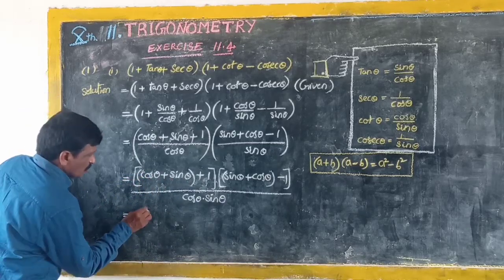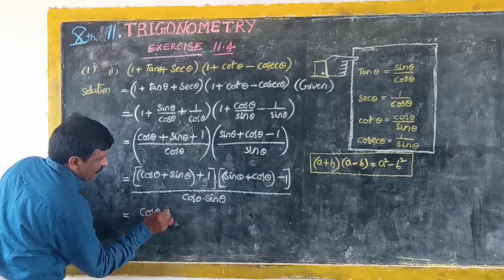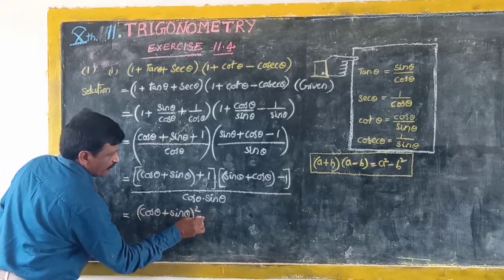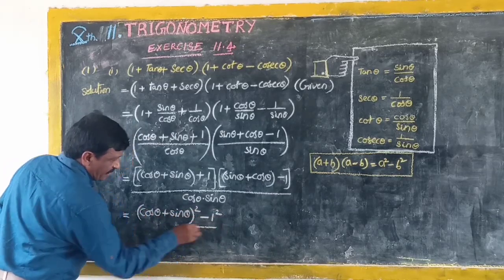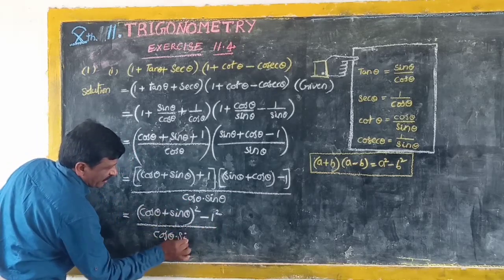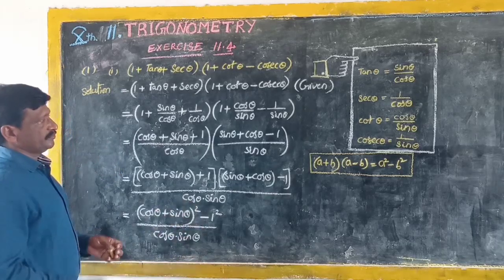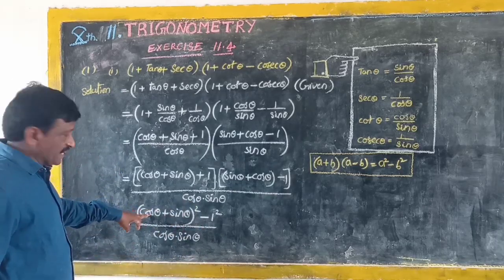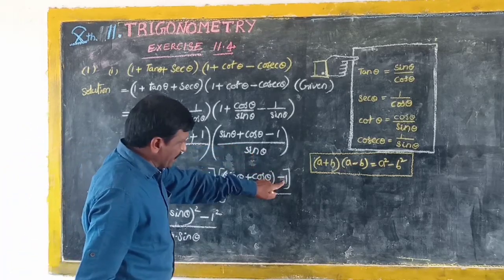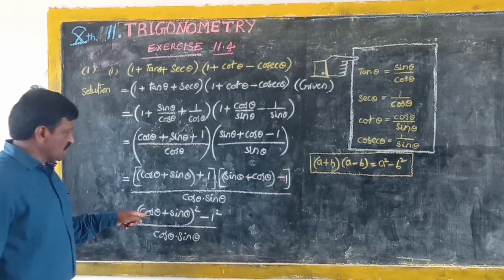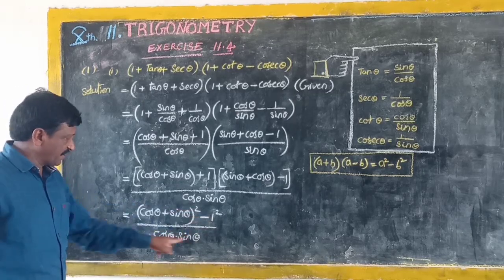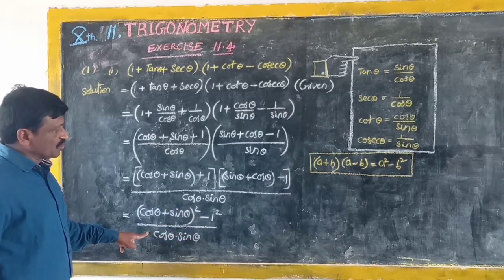So cos theta plus sin theta whole square minus 1 square by cos theta into sin theta. Did you understand? A plus B into A minus B, A square minus B square.